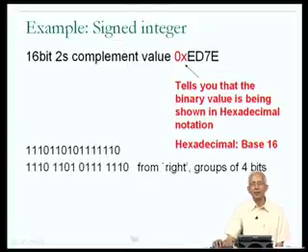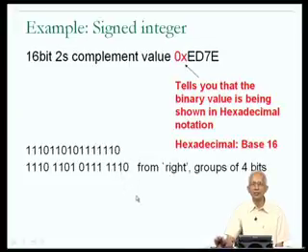But if I group these bits into groups of 4 starting from the right side, bearing in mind that 2 to the power of 4 is equal to 16, consider the bits in the rightmost group. There are 4 bits there, and in this particular example they have the value 1, 1, 1, 0.